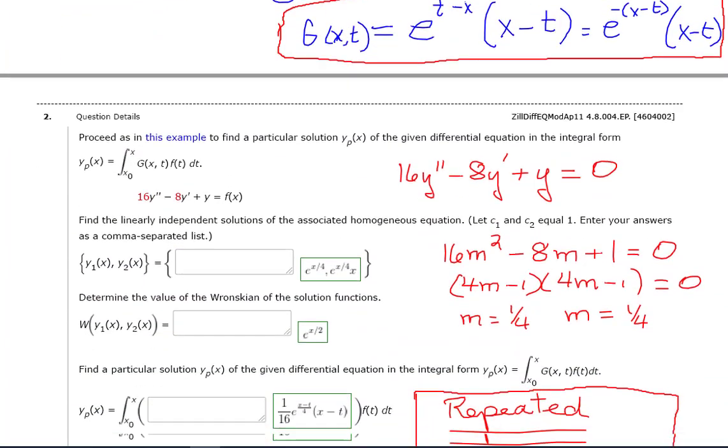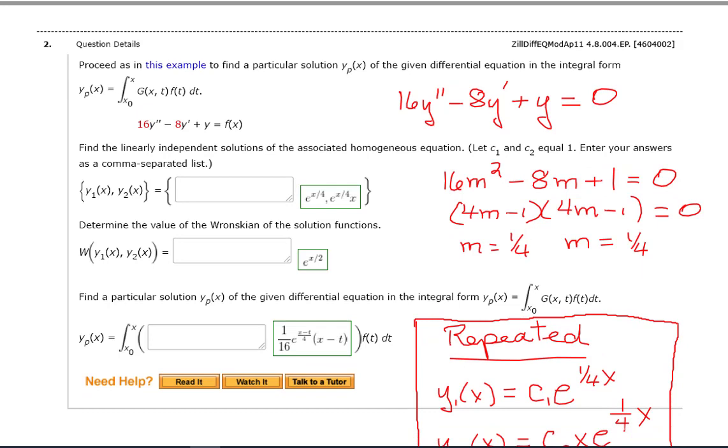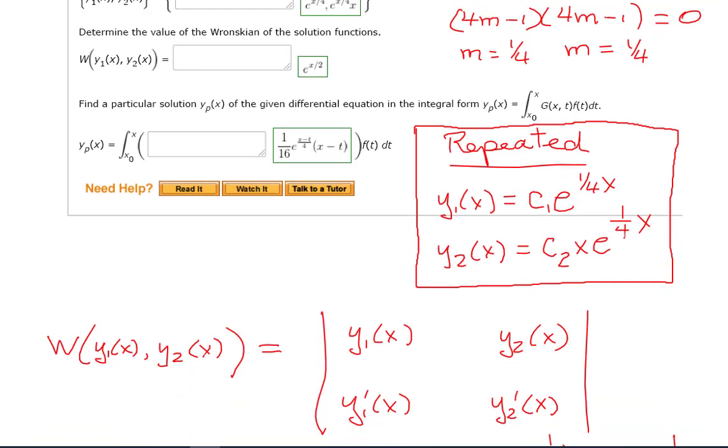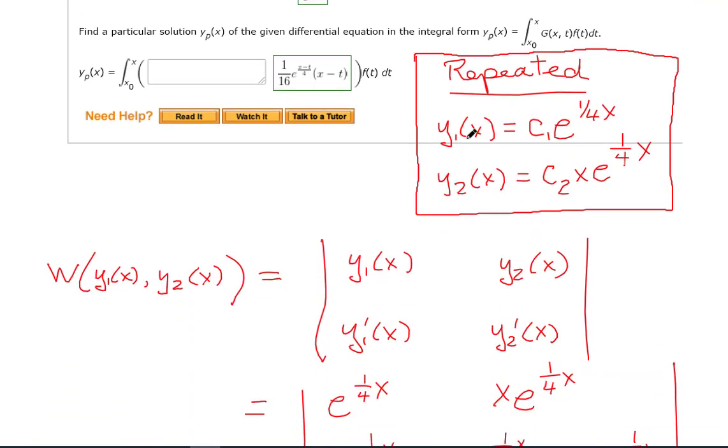Alright, in question 2, here's my particular differential equation. I form the homogeneous problem. We have our polynomial, our quadratic here to solve, factors into 4m minus 1, 4m minus 1. So I have repeated roots of 1/4. Alright, so that would give me my y1 and my y2.